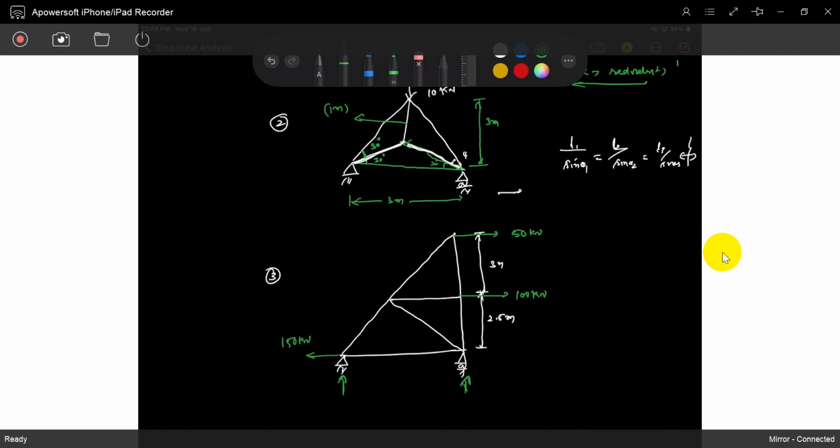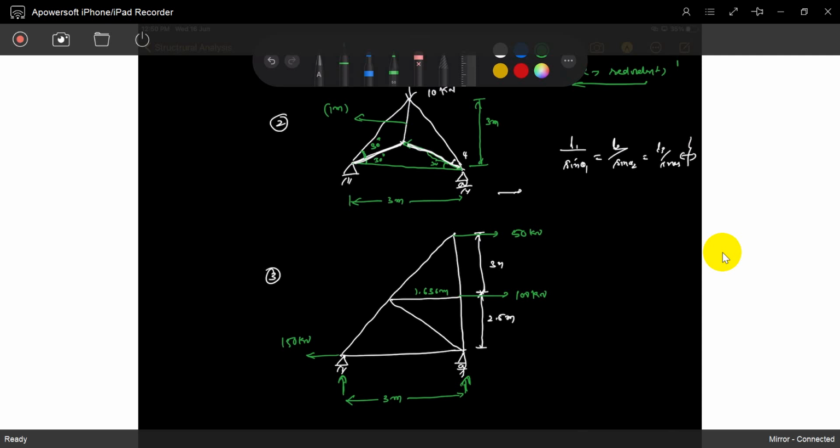Later, you have to find out the distance. This distance I will also give: 1.636 meters. And this is also 3 meters. BC length is missing.